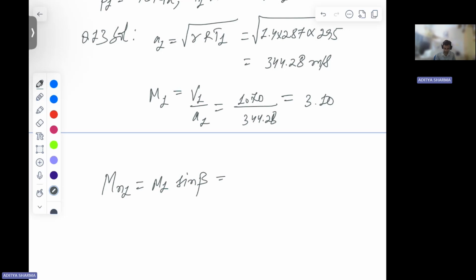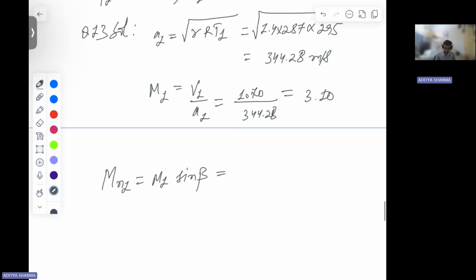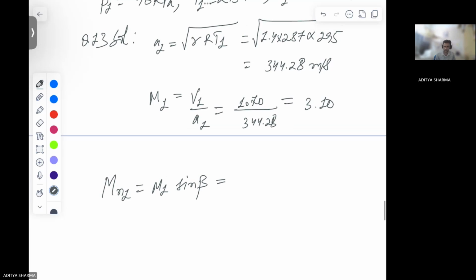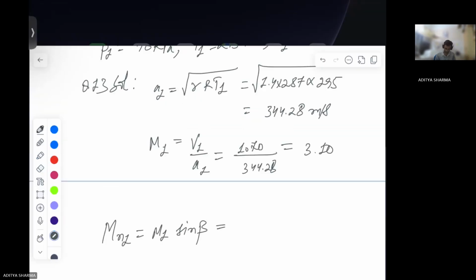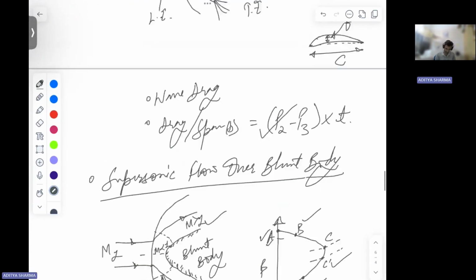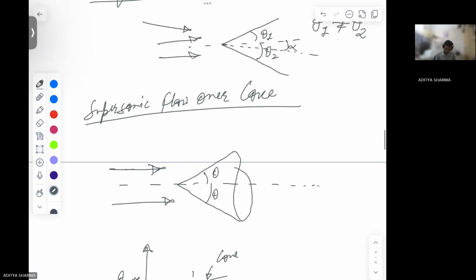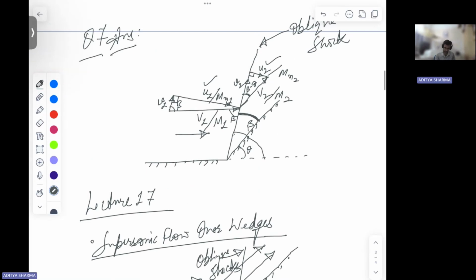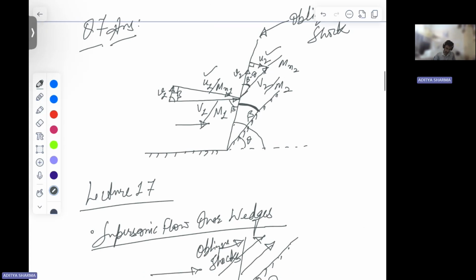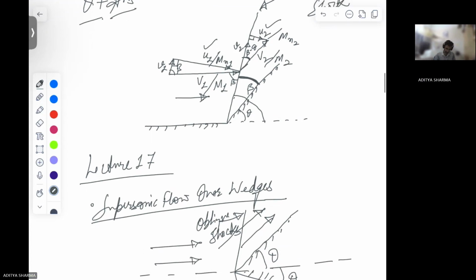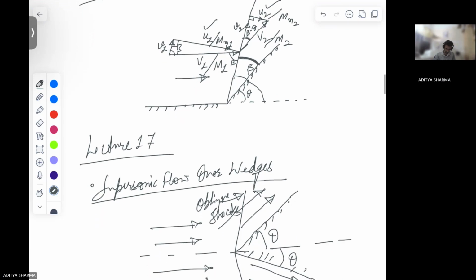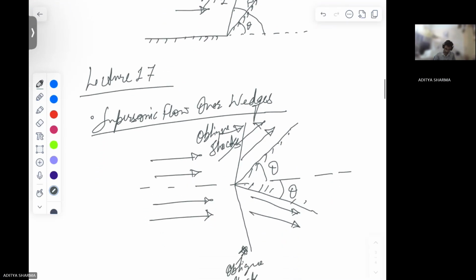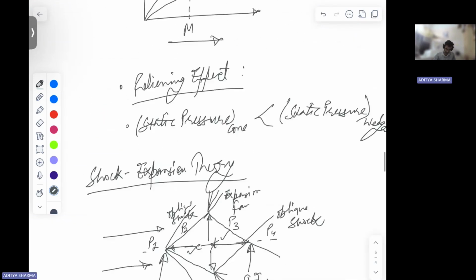You can see the velocity triangle drawn here to get your normal component.